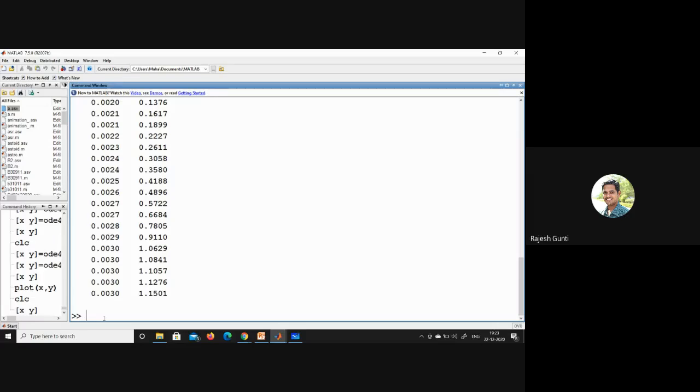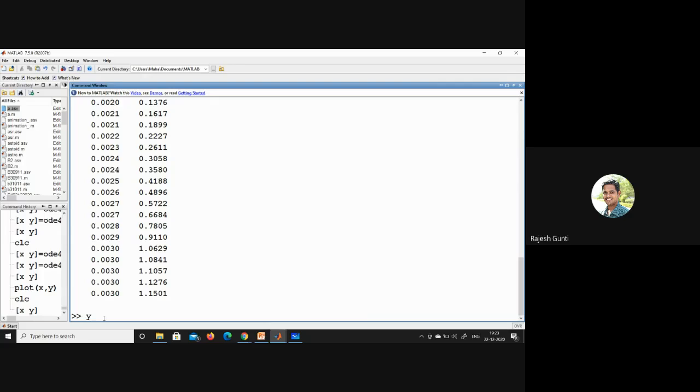Now I want to find out the analytical solution values. Instead of x, I am taking x1. Understand carefully. x1 is equal to the same values, or otherwise these x values are the same. X values are already there. Y values I am calculating using the function.